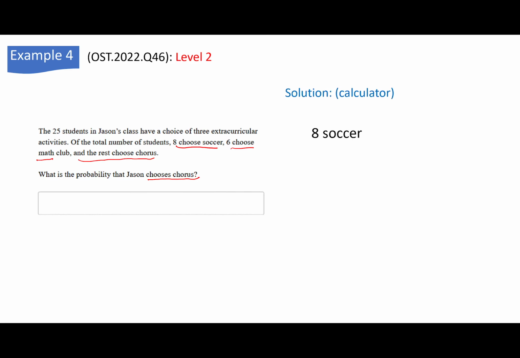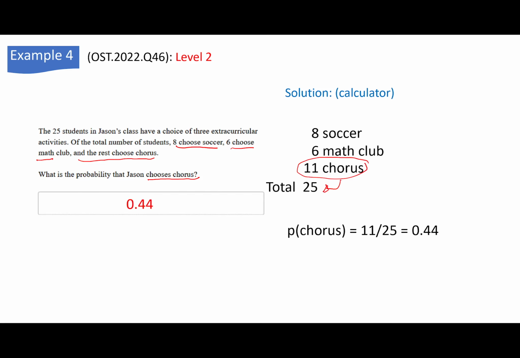Okay, let's put the information here. What we have: 8 soccer, 6 math. How many are left from the 25? 11. Total 25. The question is, what is the probability that Jason chooses chorus? 11 out of the total. So 11 over 25 is 0.44.